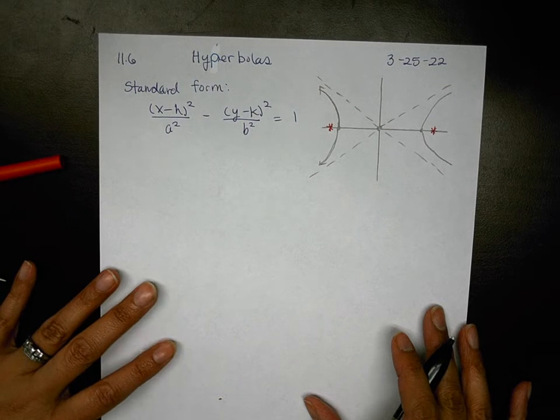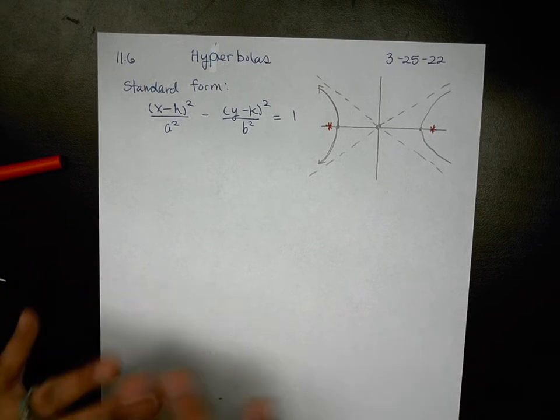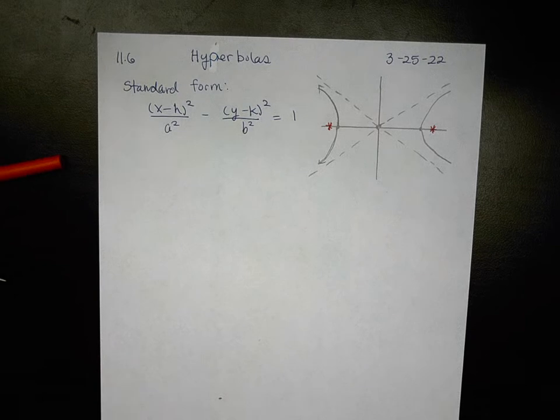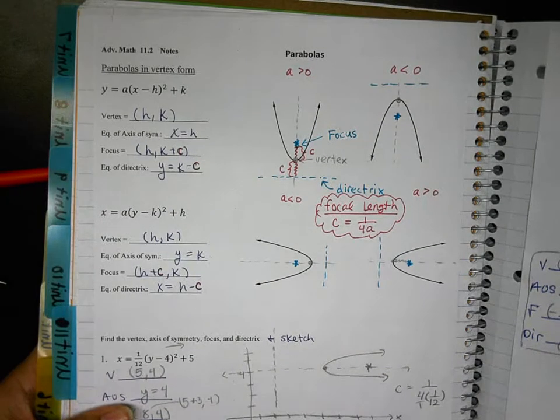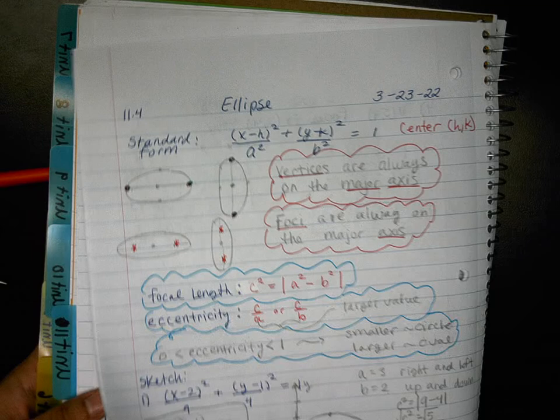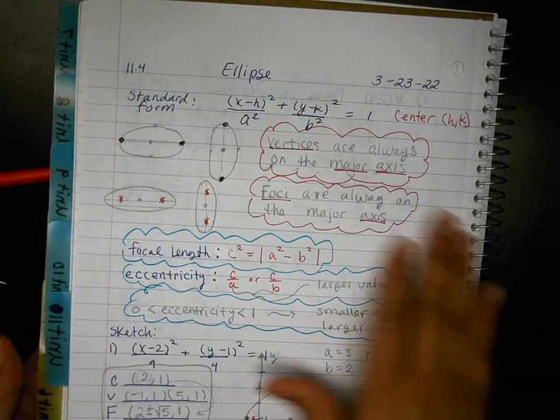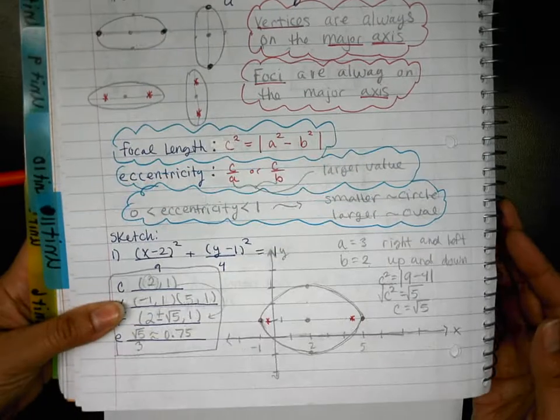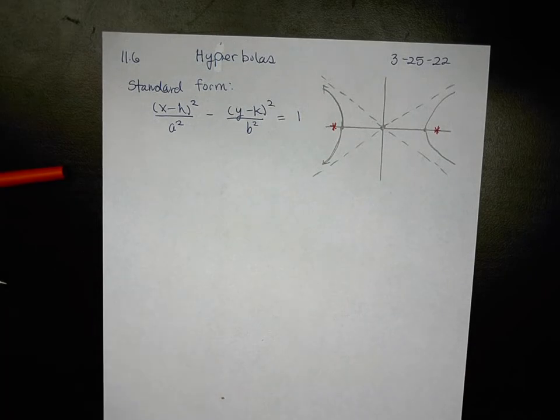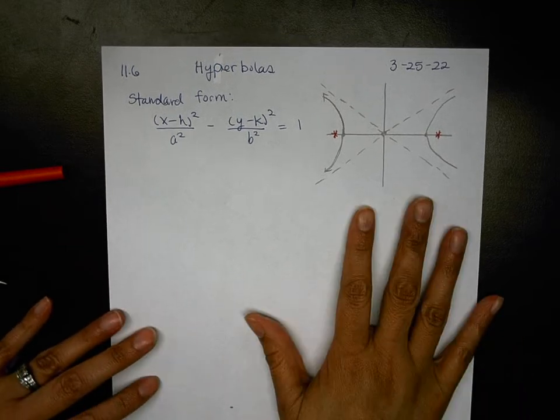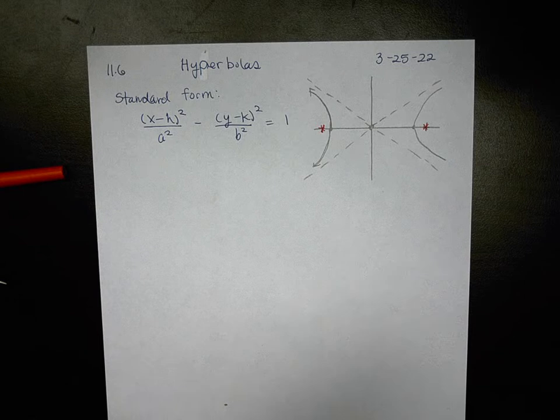Now, with the ellipse, I did not give you guys any formulas. If you remember, with the parabola, I gave you guys formulas, and some of you used them and some of you did not. With the ellipse, I gave you no formulas. We just did everything visually. With this one here, I am going to give you formulas, but like the parabolas, I'm going to show you both ways.